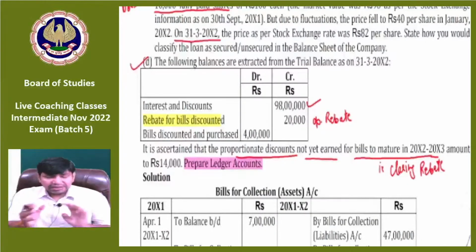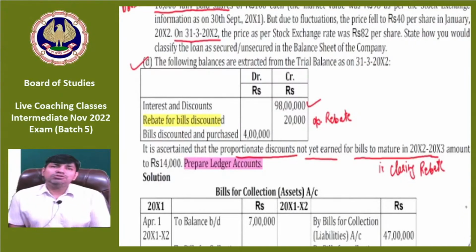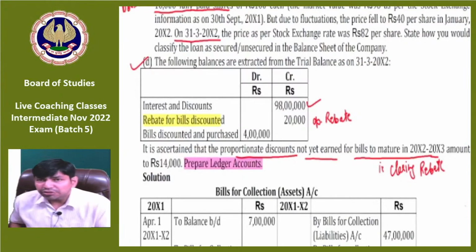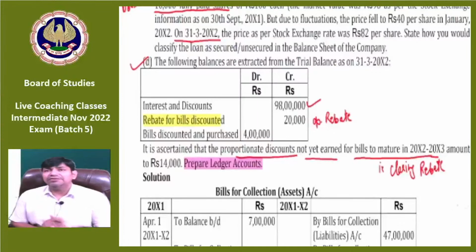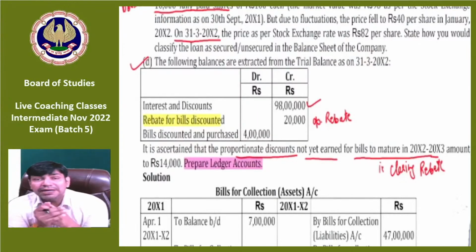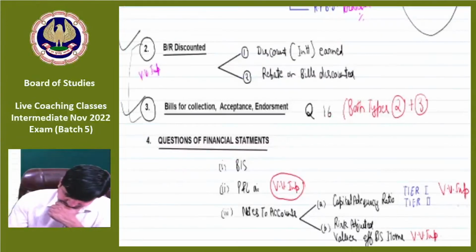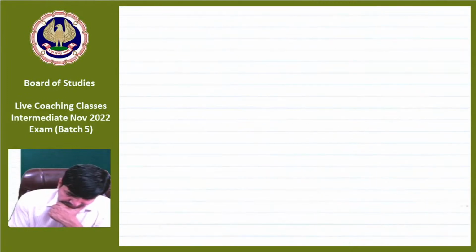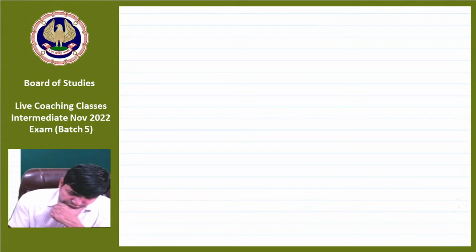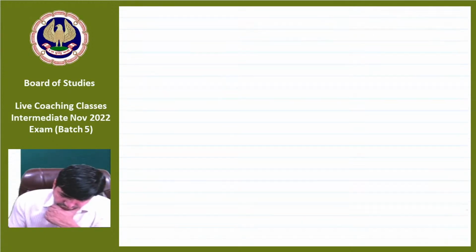See, in this question, the solution given by StudyMate, I'm not satisfied with that. I'm not criticizing in any way, but there must be a better presentation. How? See, I'm showing you how this solution should be.